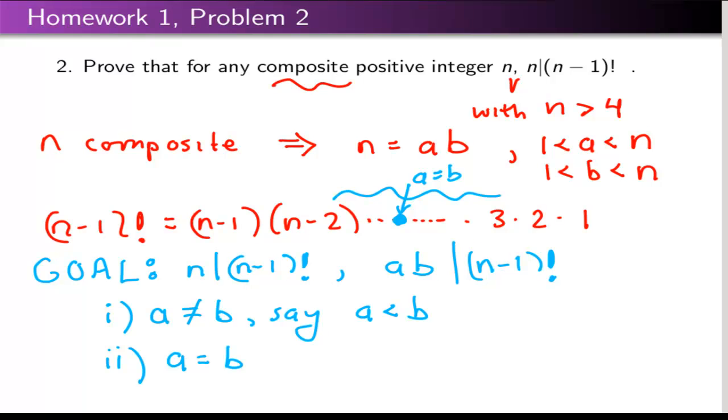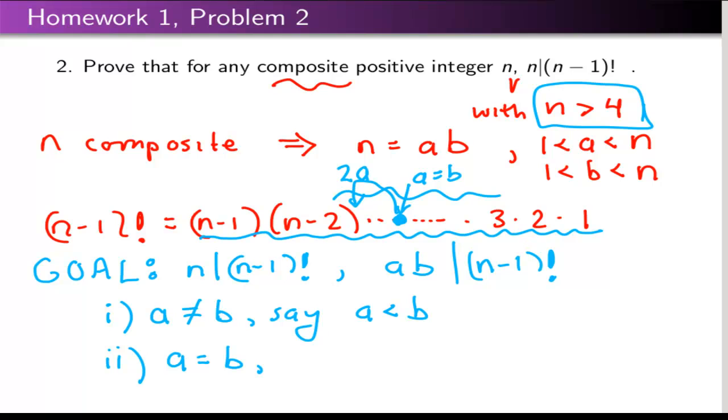So I have to find another factor of a somewhere in this product. And where's the next place you would look for another factor of a? Well, if this is a right here, then somewhere down the road there is a 2a. So by doing that, you should be able to wrap up this problem, and you should see why it's necessary that n be strictly bigger than 4.